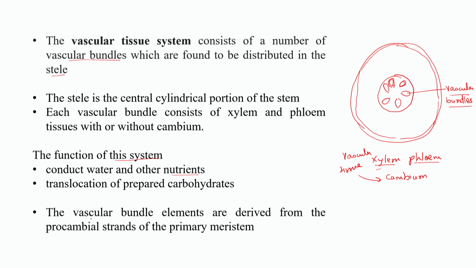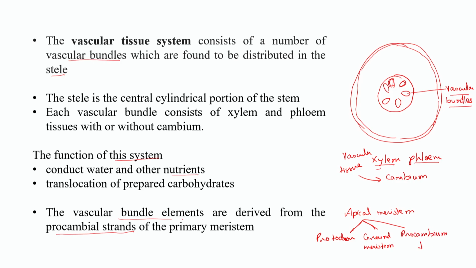Now the vascular bundles are derived from procambial strands. So you have protoderm, and then you have procambium.